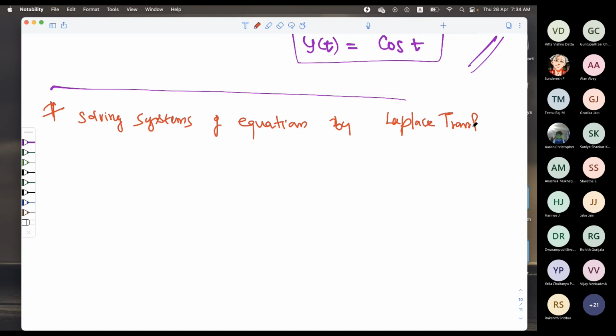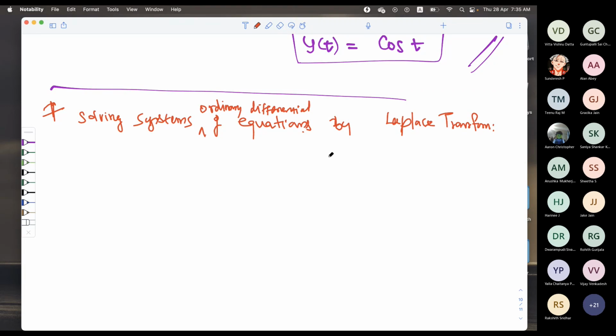In other methods also we can solve. Here, solving a system of ordinary differential equations is also an important one, where the derivative is involved in your differential equations.